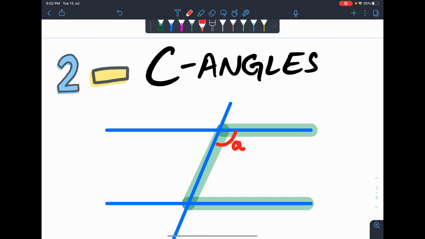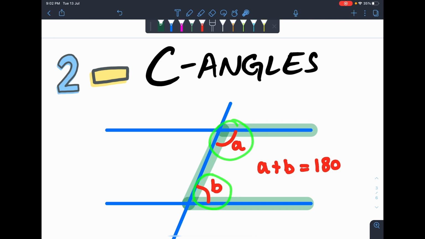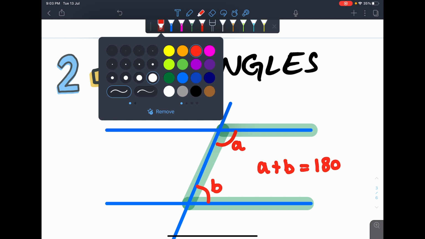If I name this angle A and name this angle B, the property that C angles have is that if you add them together, they are equal to 180. In a C angle system, the internal angles of a C that are made add up to 180. Similarly, this C can also be made in the other direction as well.